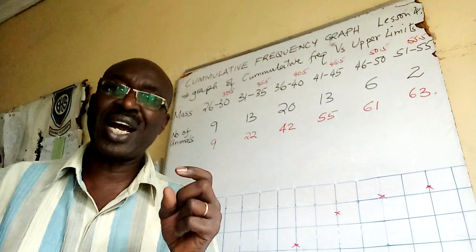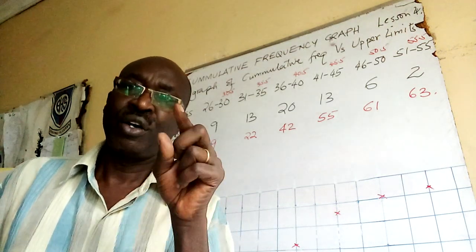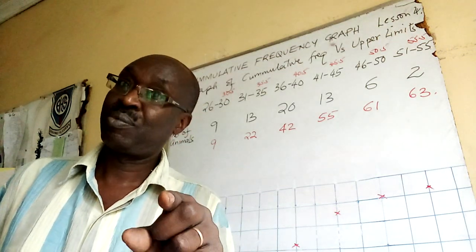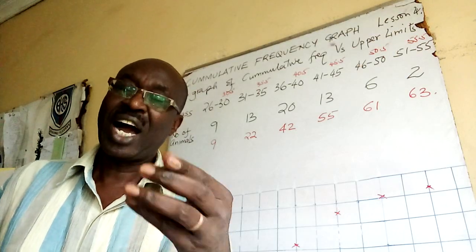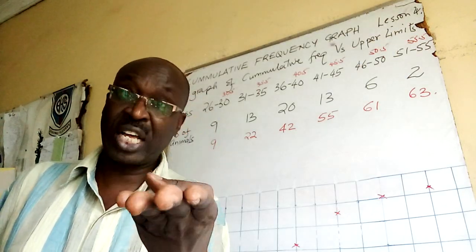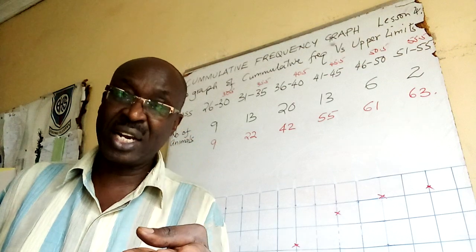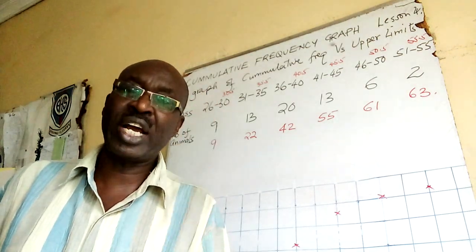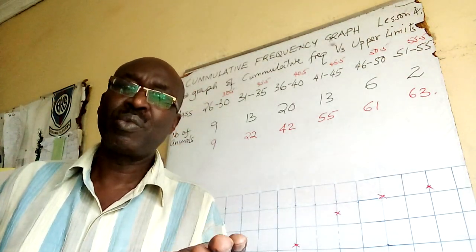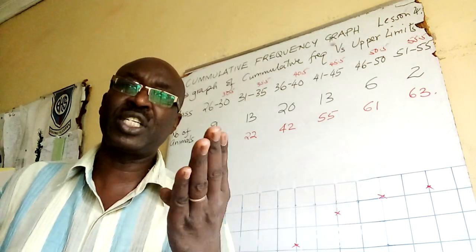In lesson 3 I did median from histogram and I gave you some work. And now lesson 4, the last one on median, is how to get median from a cumulative frequency graph.